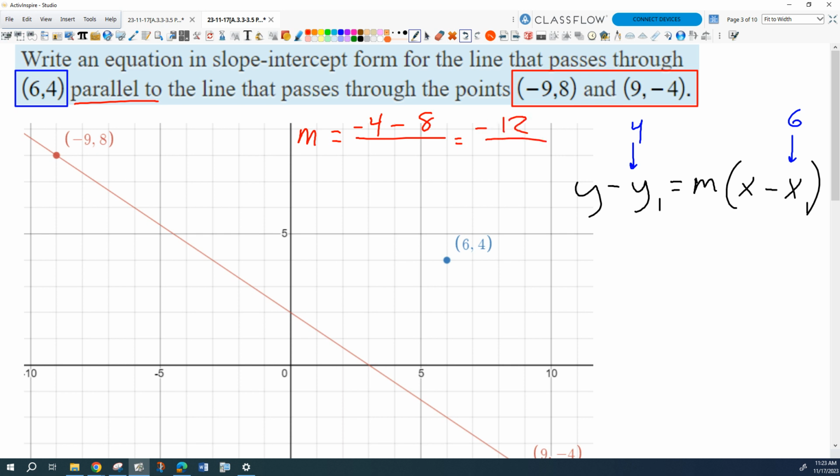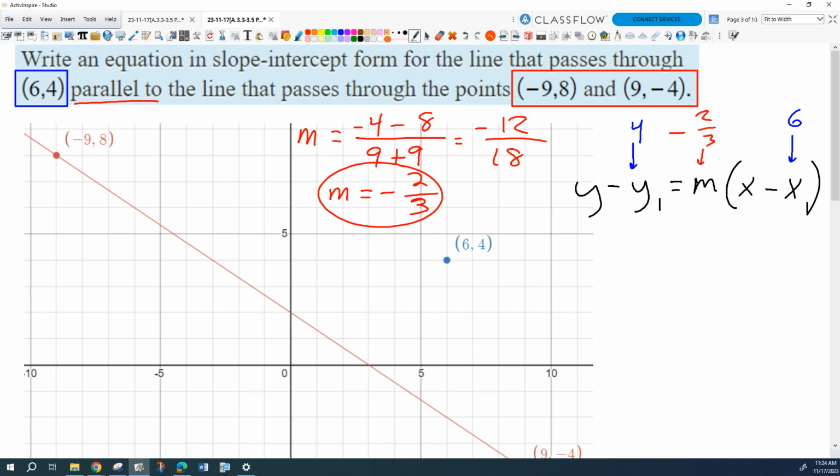Okay, on the bottom, I get 9 minus negative 9, which is 18. And so let's see, negative over positive is what? Negative, so I get a negative fraction. 12 over 18 reduces to 2/3. There we go. So there's my slope.